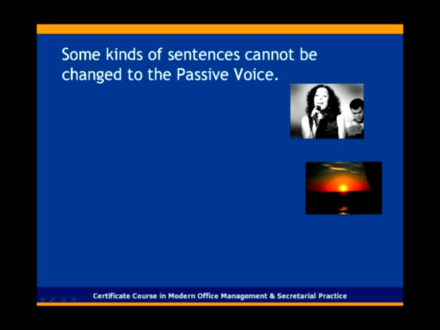It is important to note here that there are some kinds of sentences that cannot be changed into the passive form. Let us now look at some such examples. You sing beautifully.